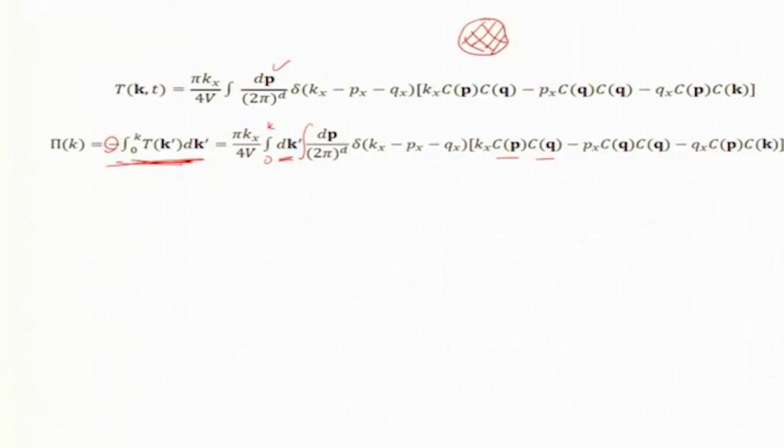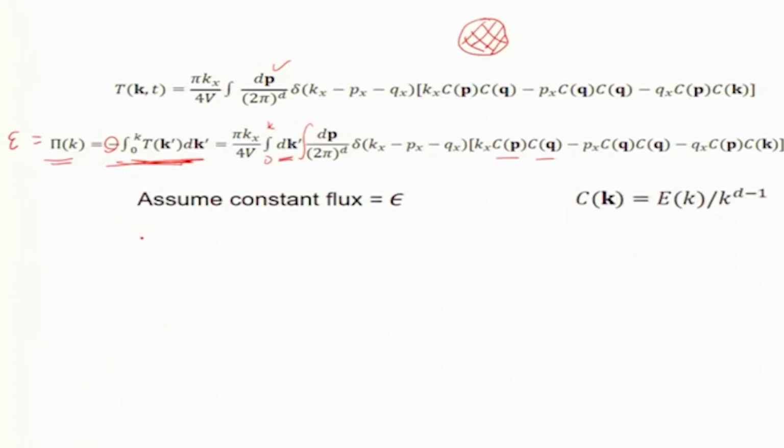So by dimensional analysis, I want to get the form of Ck, assuming that this integral is finite and constant, independent of k, which is an assumption, may not work. Let us assume that this flux is independent of k, it is in some inertial range. Okay. So the left hand side is epsilon, constant flux.